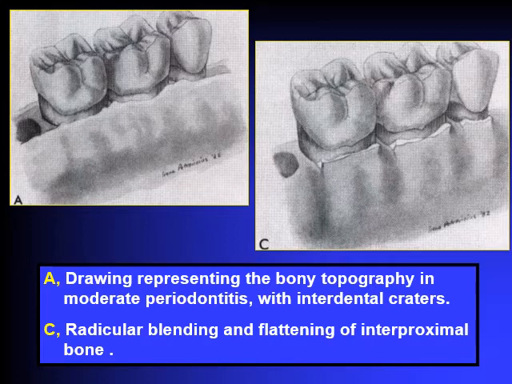The radicular blending is done, as I said, by sweeping strokes to achieve the even flowing thin radicular surface over the prominence of the roots. But now we can't leave this shelf-like marginal bone like this, and we will see this will be corrected by the ostectomy technique.